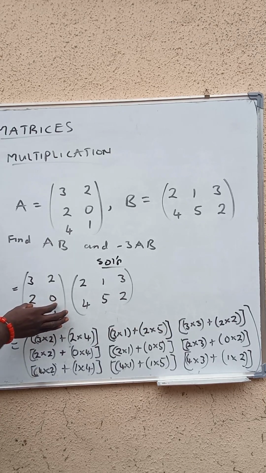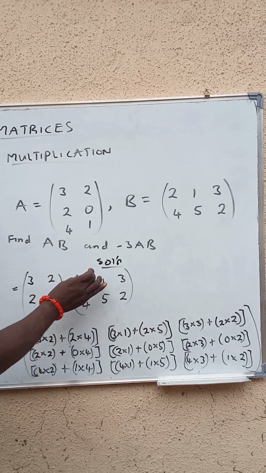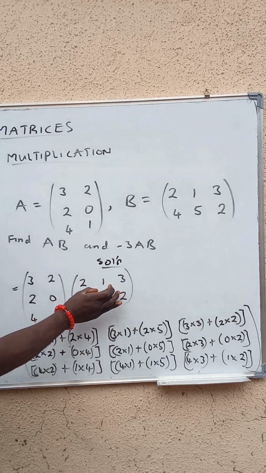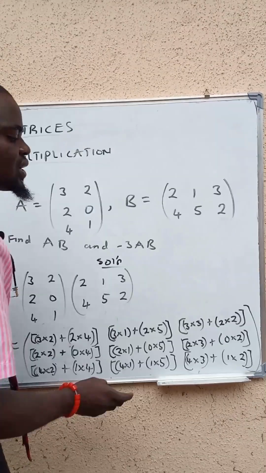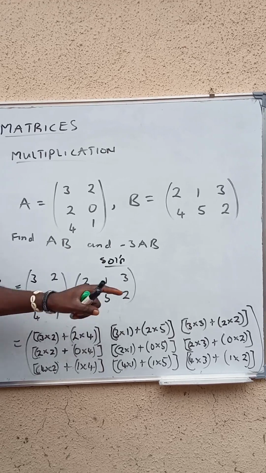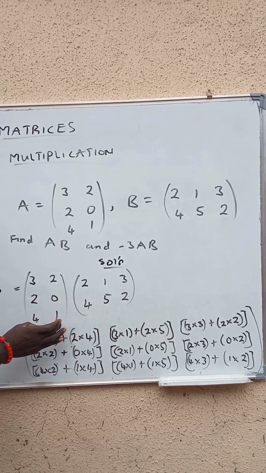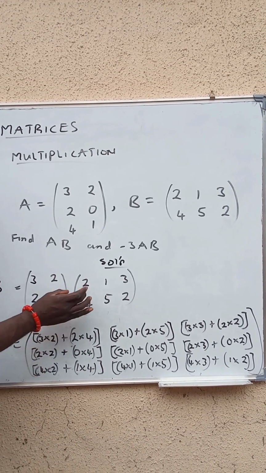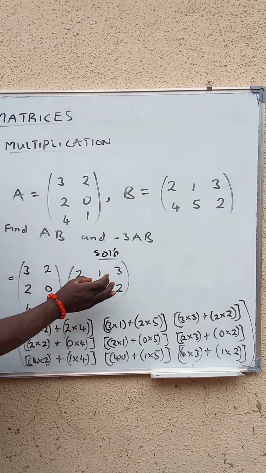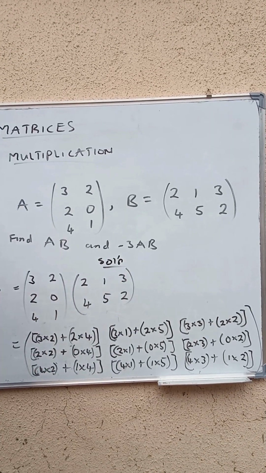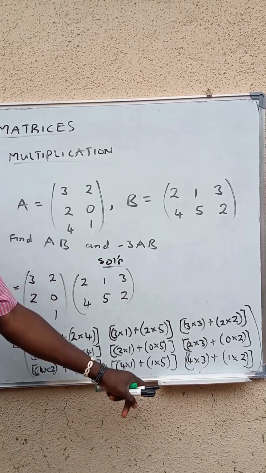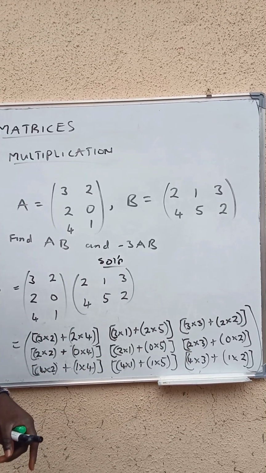Now the second row here will also multiply the first column, the second column, the third column, in the second row of the matrix C, the product you are trying to form. Likewise the last row, we'll also multiply the first column, the second column, the third column of the matrix B to form the matrix C.